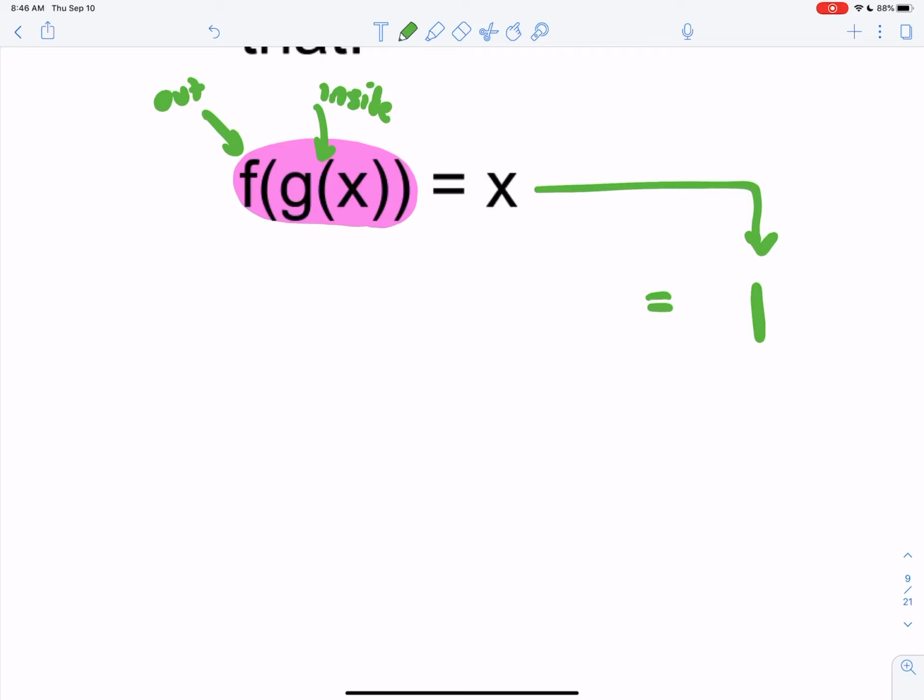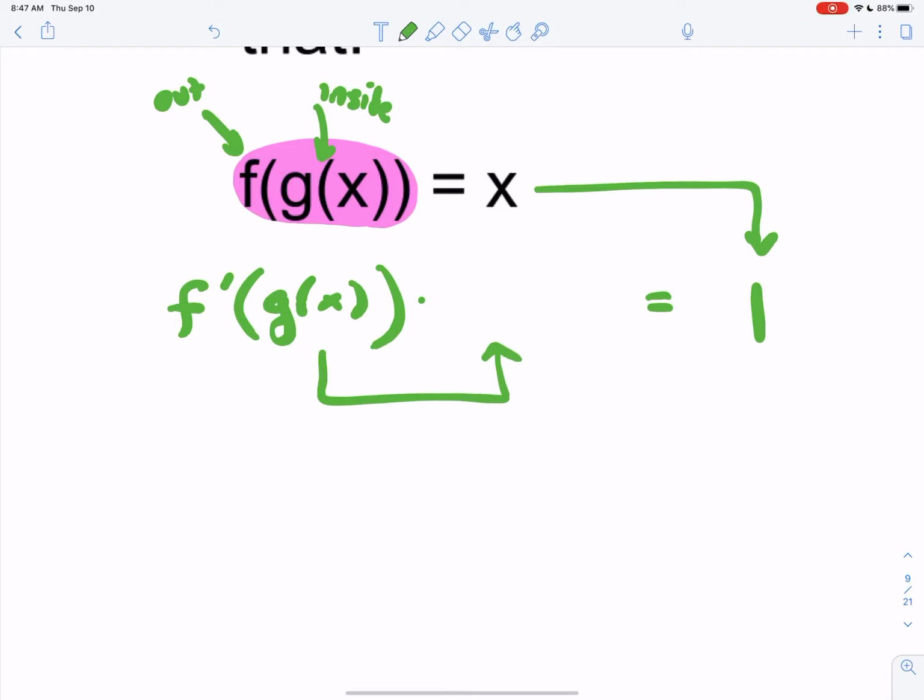You have to apply the chain rule. Okay, so the chain rule is the derivative of the outside. So that's going to be f prime of the same inside. So I'm going to write g of x times the derivative of the inside. The derivative of g of x we would write as g prime of x. Okay, that is the chain rule.